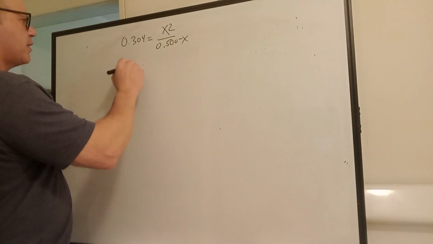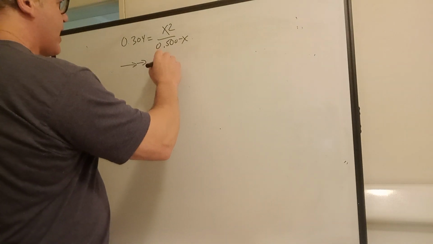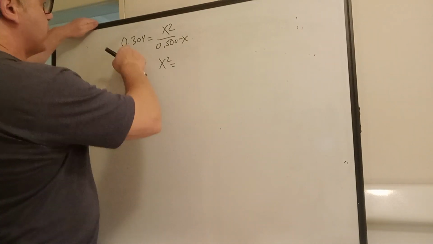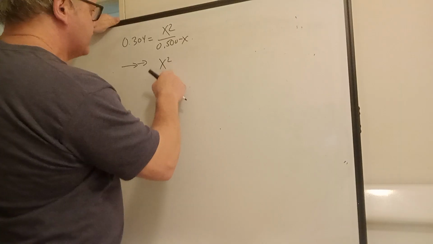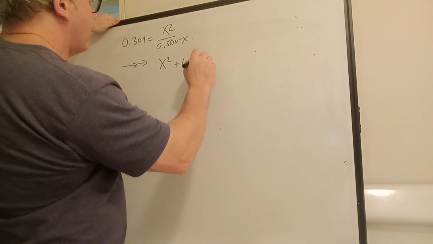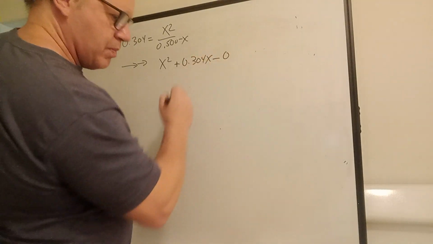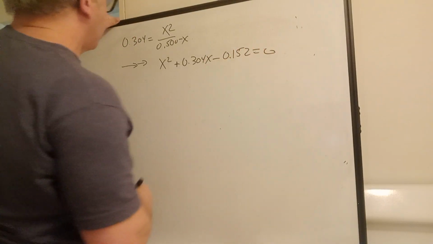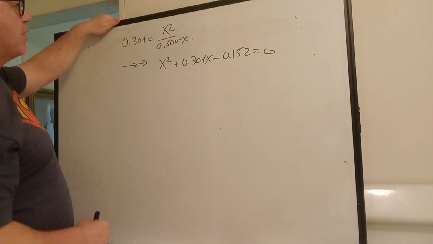Get it to the point on your own where you have x squared, you cross multiply, you multiply through by the 0.304, and we'll write it as a quadratic equation: x squared plus 0.304x minus 0.152 is equal to 0. Get to that point right there and you'll be in good shape.